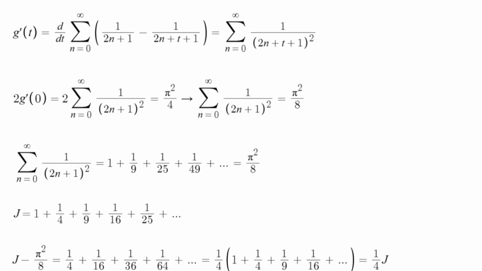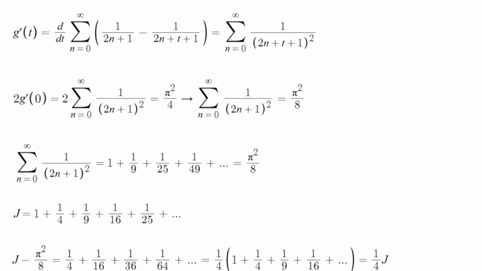Now let's take j and subtract pi squared over 8. But subtracting pi squared over 8 is the same thing as subtracting this thing right here. So if we take this and subtract this, you'll notice that this will drop out, this will drop out, this will drop out, and you'll just be left with 1/4 plus 1/16 plus 1/36, 1/64, on and on forever.